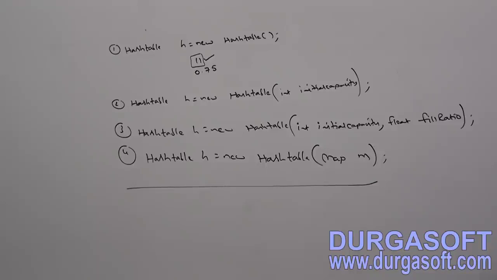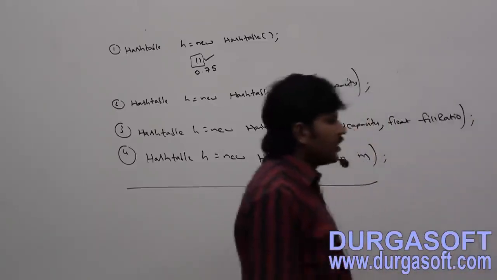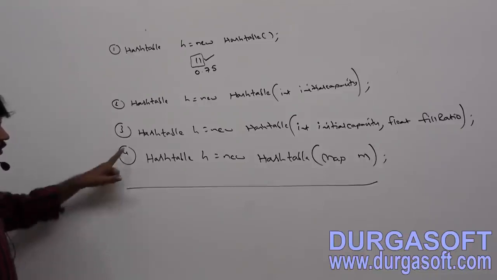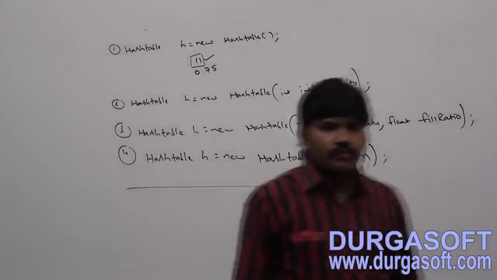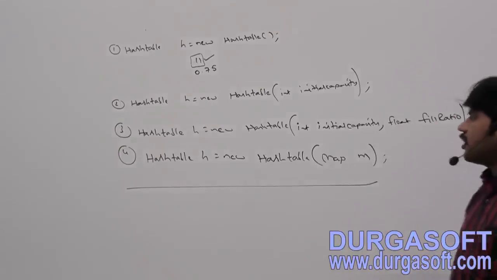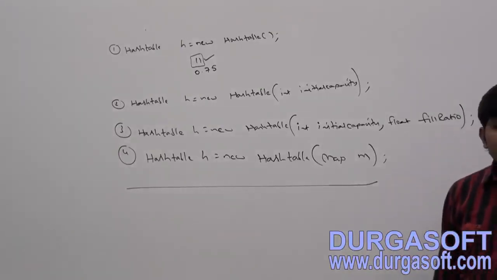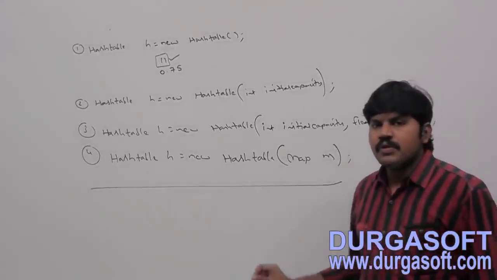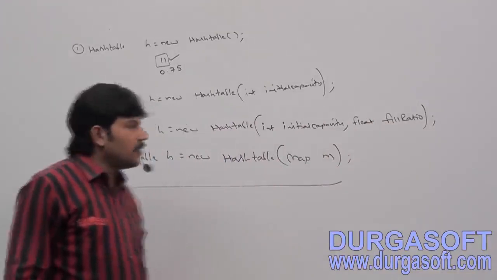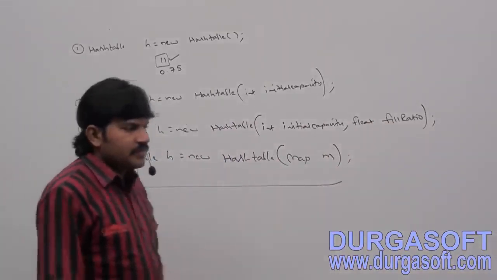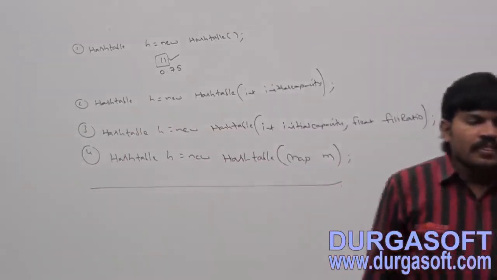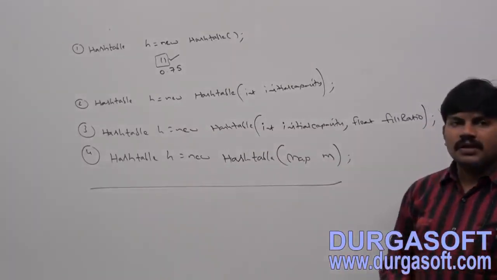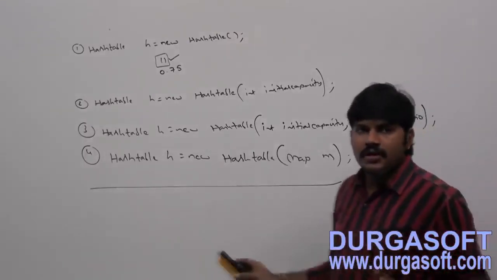Hash table h is equal to new hash table of int initial capacity comma float fill ratio. Next, hash table h is equal to new hash table of map m, intra conversion between map objects. That's all. These are the four constructors we have related to hash table, right?